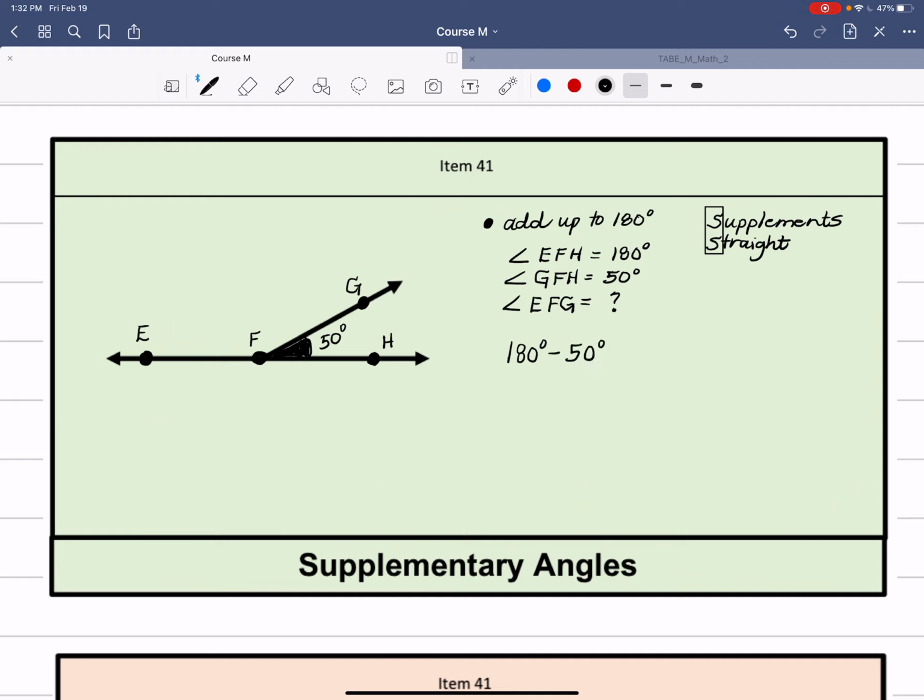I can look at this and tell that it's obtuse. That's a big wide angle right there. And it is 130 degrees. So I would say that the supplement of 50 degrees is 130 degrees. Or vice versa, the supplement of 130 is 50. You can say it either way.